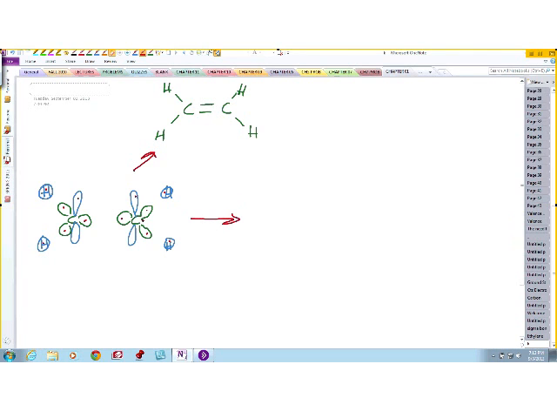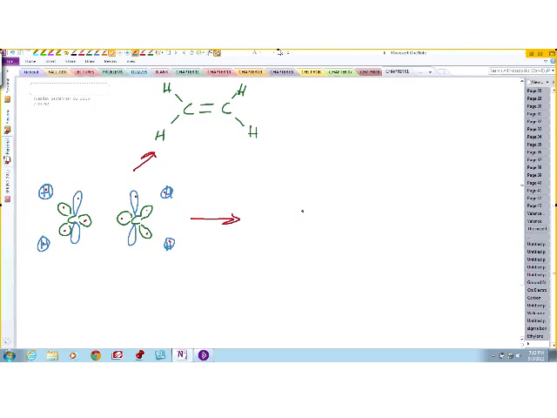They come close enough, and then the orbitals will overlap. The s orbital of the hydrogen will overlap with the sp2 orbital of the carbon, and the sp2 hybridized orbital of this carbon will overlap with the sp2 hybridized orbital of this carbon.